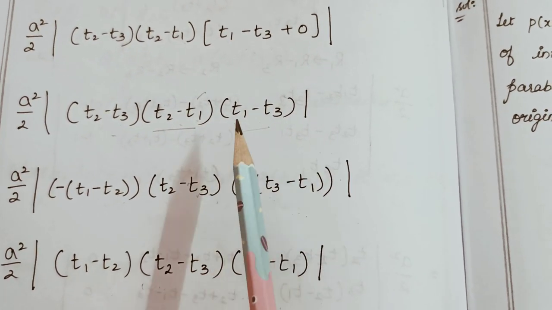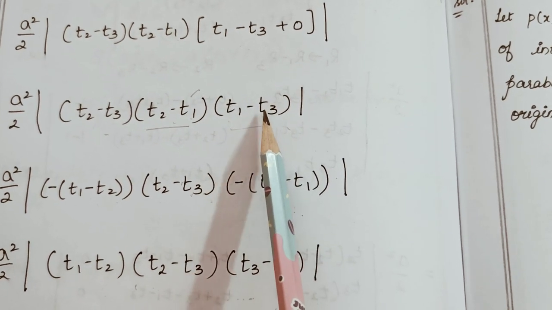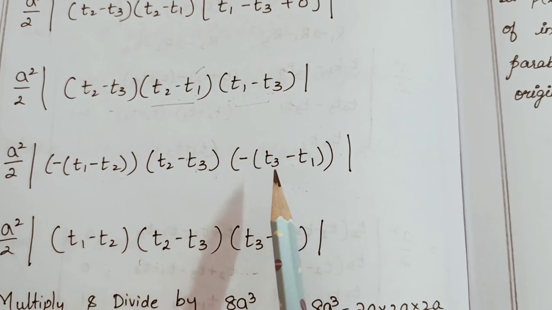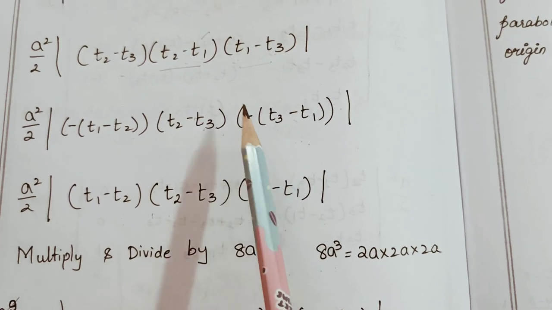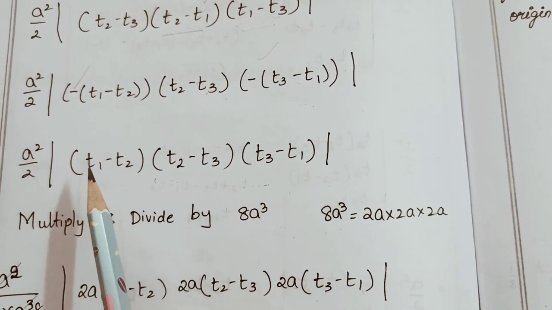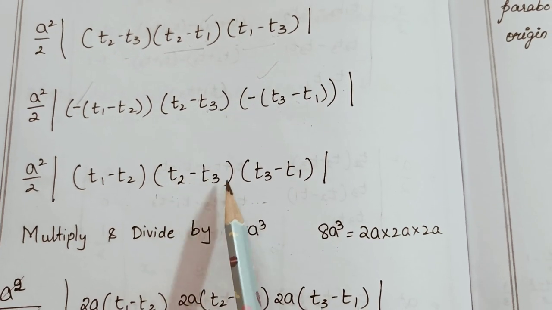Here t3 minus t1 we want, so we have to make this positive and this one negative, so take minus common from these also, so you will get t3 minus t1, and this minus multiply and become plus, so this will go away. Now we can write it as a square by 2 t1 minus t2 t2 minus t3 t3 minus t1.